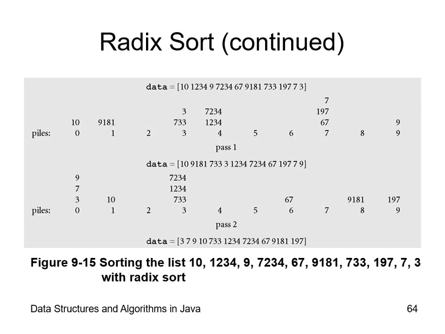What do you have at the second pass? Which ones are already solved? If you look at the one-digit numbers, already solved or not? Look, one digit, already solved. What happened here? 2-digit numbers already solved.